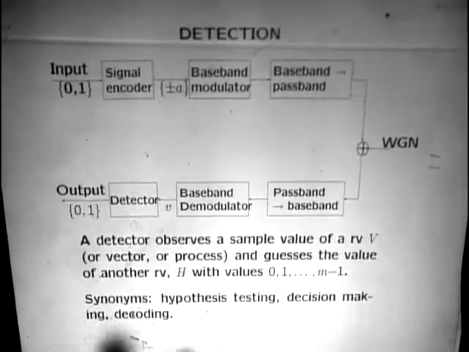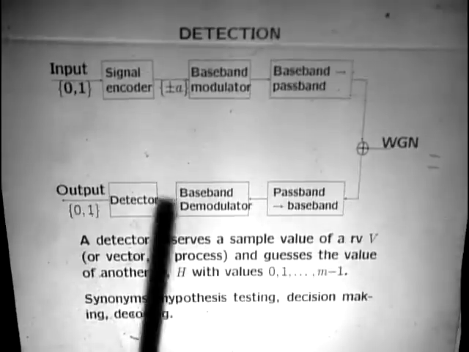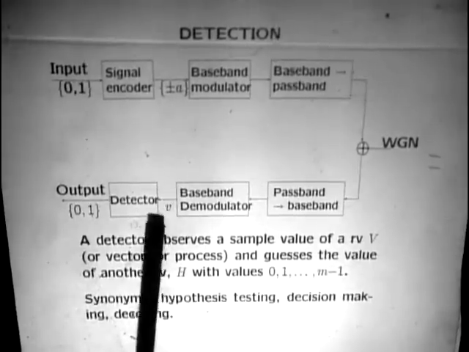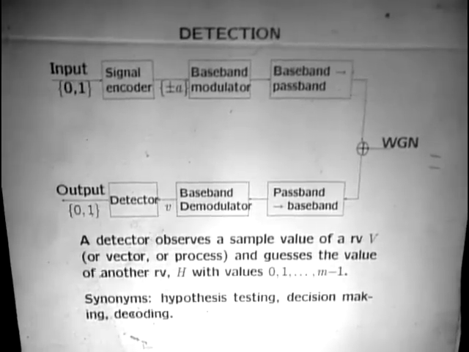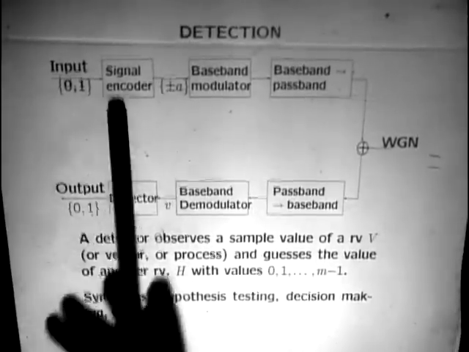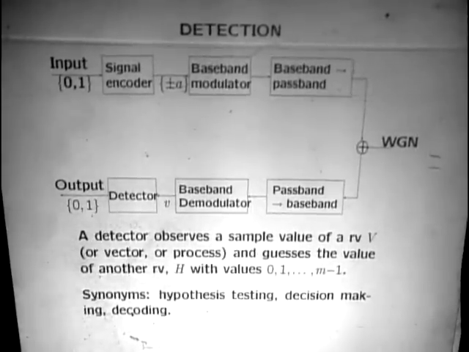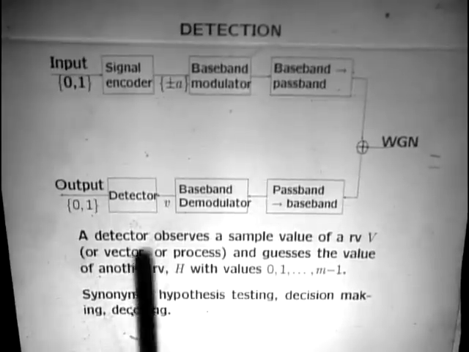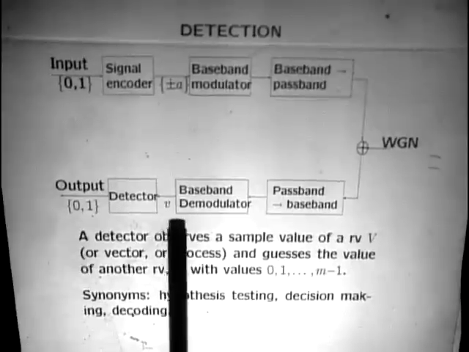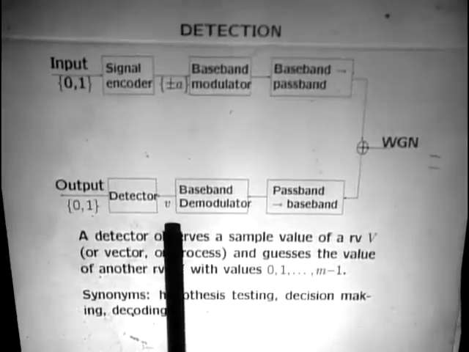Okay, so the detector observes the sample values of the random variable for which this is the sample value, and then guesses what the value of this random variable h is, which is what we call the input now, because we view it from the standpoint of the detector. The detector has two possible hypotheses.